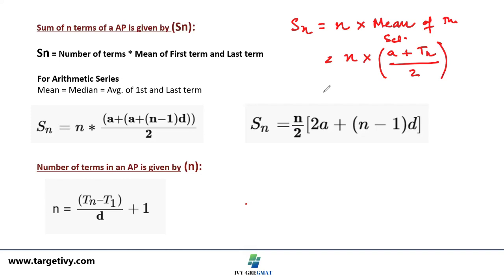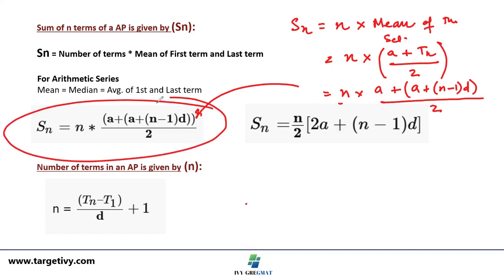If this is the case, then Sn is n into (a plus tn) by 2, a formula we knew as something like (a plus (n minus 1) into d) divided by 2. So this is the formula.